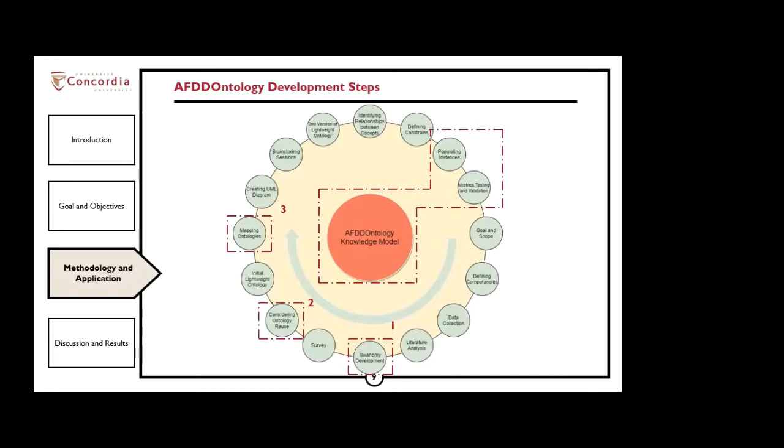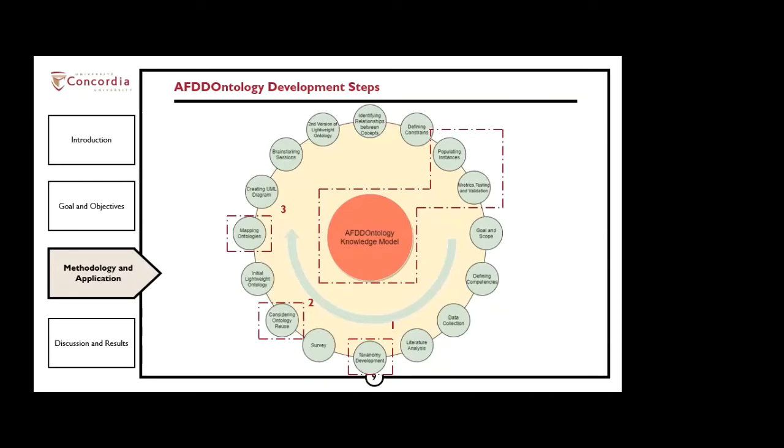And in the next step, I've looked at how I can use the existing ontologies in the domain. When I refer to existing ontologies, I mean upper ontologies, where we have all the concepts readily available and that can be reused in my ontology, which I'm calling the AFDD ontology.